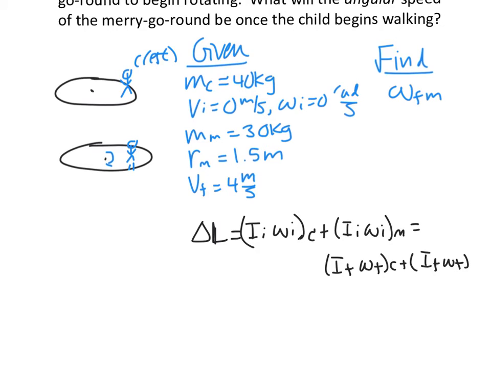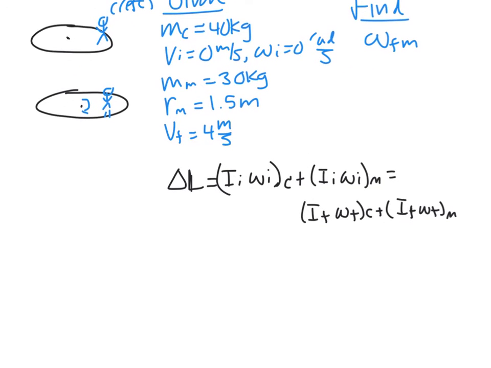That should be a subscript M, not an actual mass. Before the child starts walking, the merry-go-round is at rest, and so is the child. So in the beginning, both of these are 0.